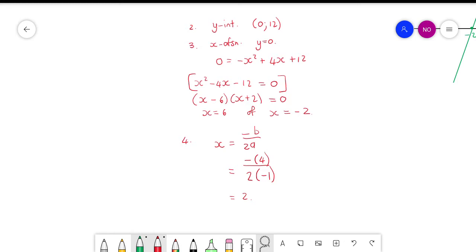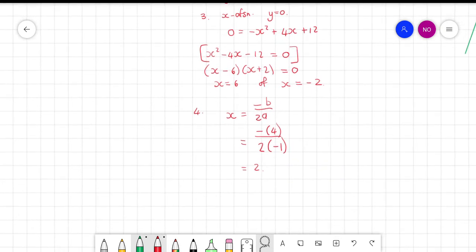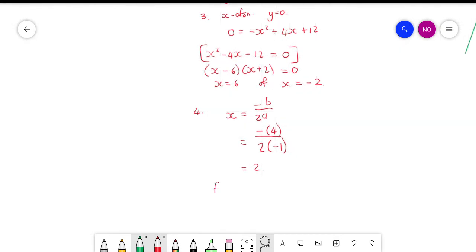Hoe kry ons dan die y-waarde van die draaipunt? Good, we substitute it back into the original equation, which means you can write it like that. So you substitute 2 into f.